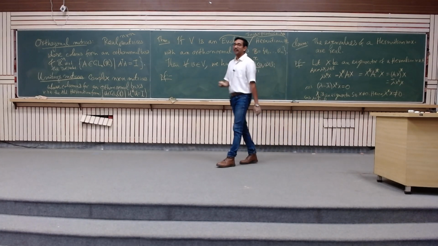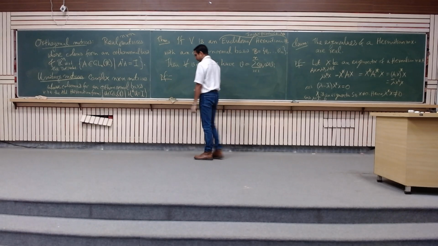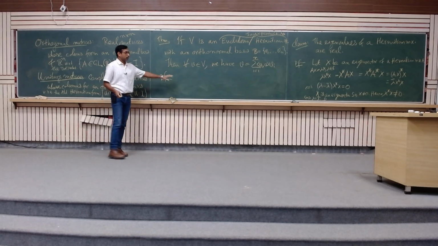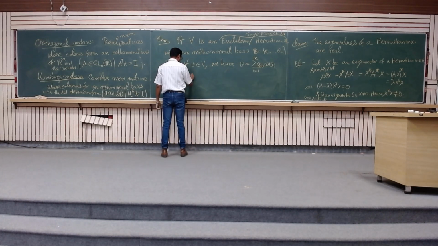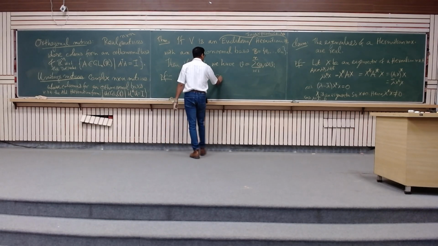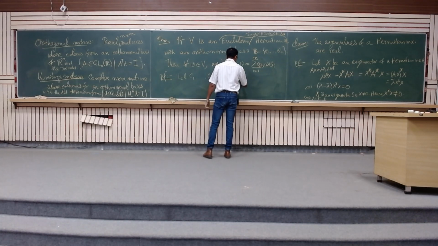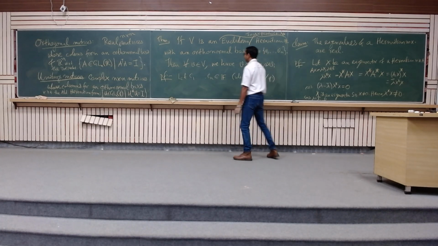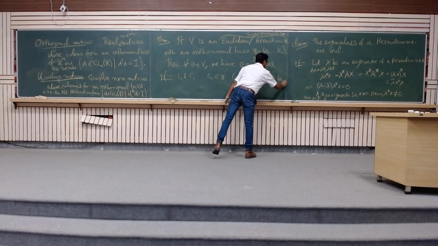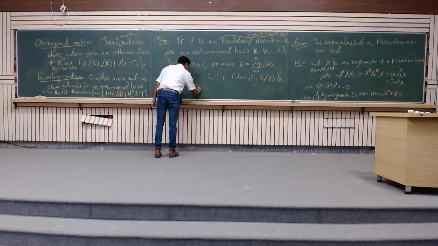The proof is that you are expanding V as a linear combination of these vectors. So let C1 dot dot dot Cn be in the given field F, where F is equal to R or C, such that V is equal to summation Ci Vi, i running from 1 to n.